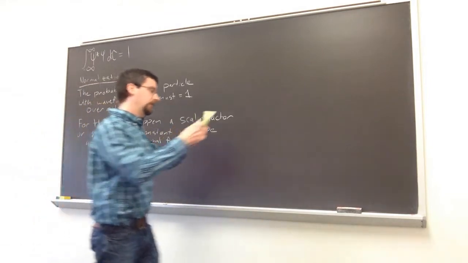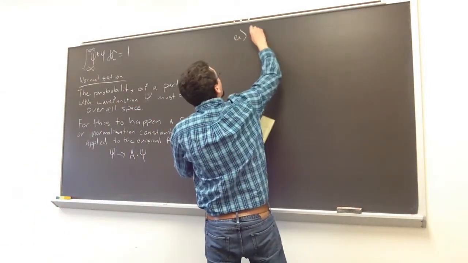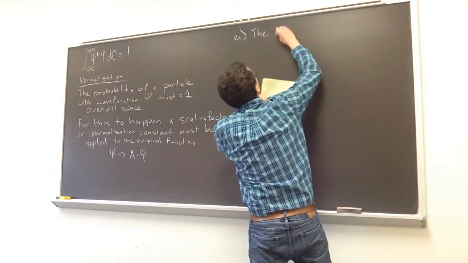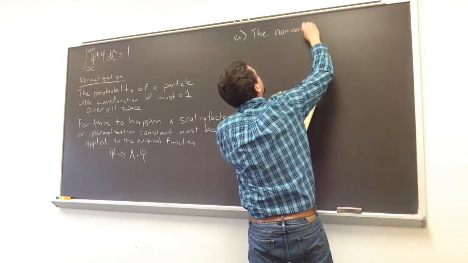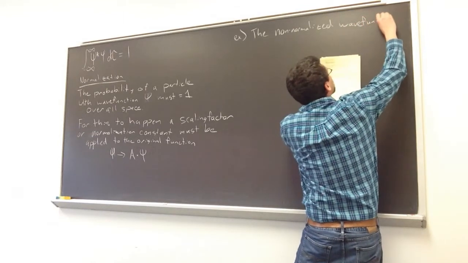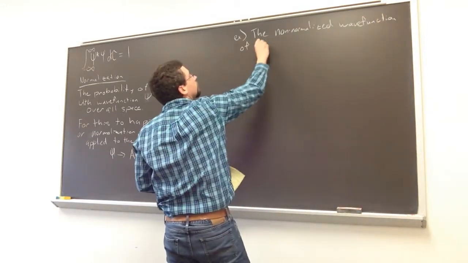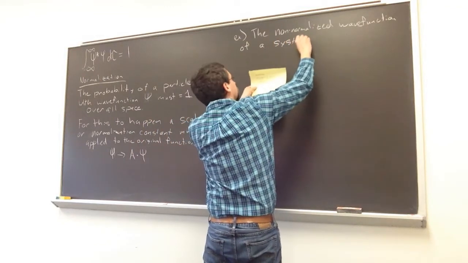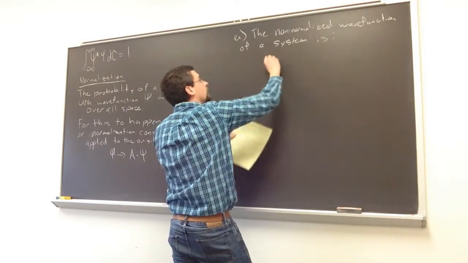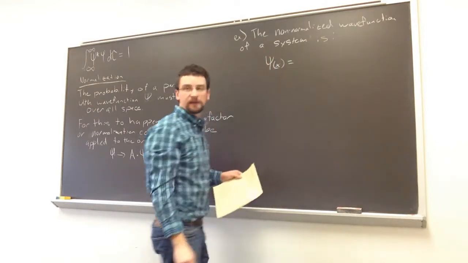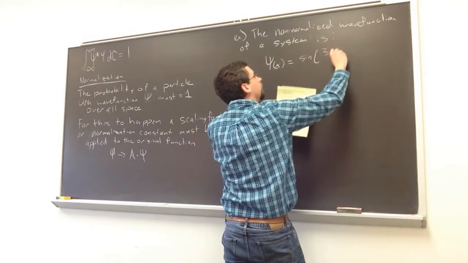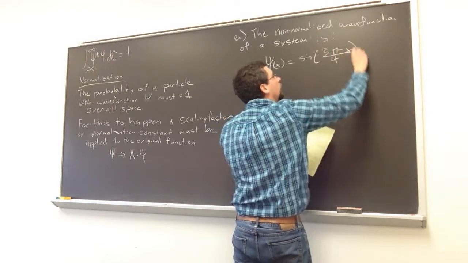So let's look at an example of this. In this example, we have a non-normalized wave function of a system: psi of x is equal to sine of 3 pi x over 4.